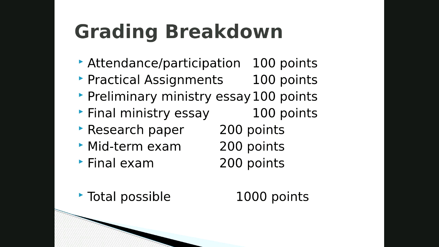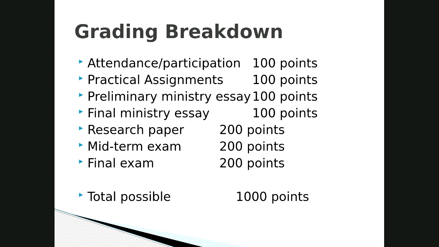So that's out of 100 points. The practical assignments, 100 points. The preliminary ministry essay and the final ministry essay, each 100 points. The research paper, and then the 2 exams, each out of 200 points, for a total of 1,000 possible points.